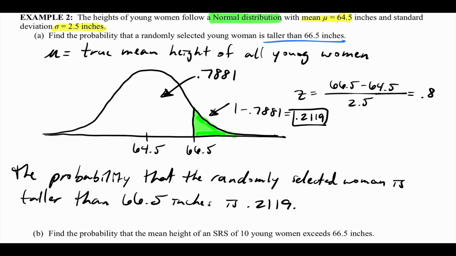A little over a 20% chance that they're taller than 66.5. 66.5 is around 5'6", 5'6.5". The average young woman, it says, is about 5'4.5", between 5'4" and 5'5".